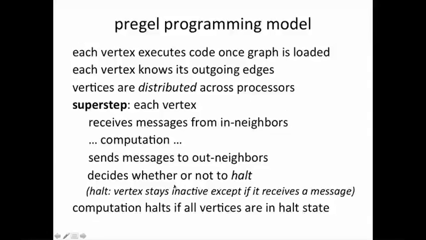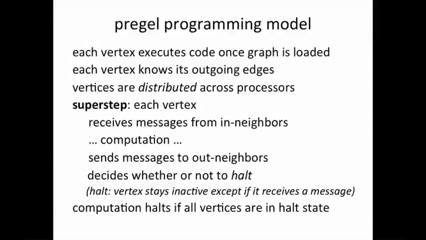If this does not happen and all vertices are halted, then the computation halts. So the master, as we mentioned in the previous chart, is responsible for making sure that the messages are sent and received from vertices, as well as checks whether or not all the vertices are in halt state. If they are, then it ends the computation.